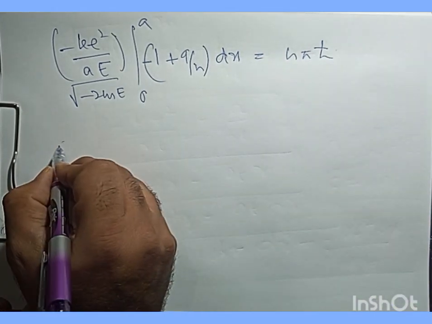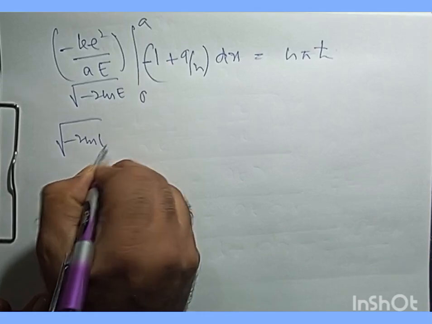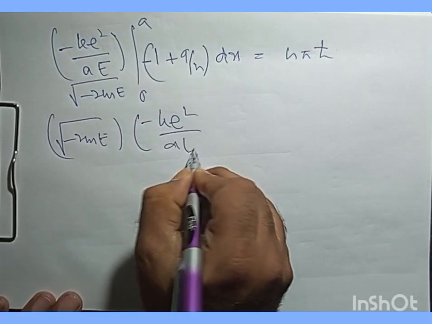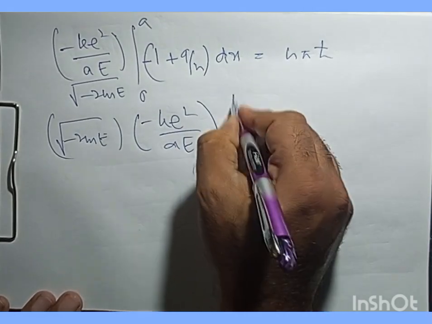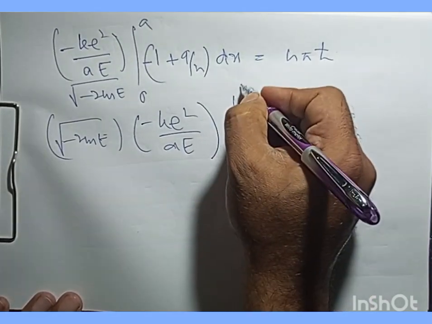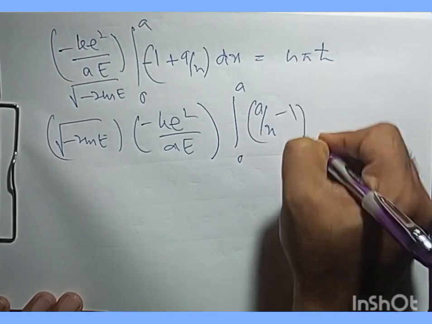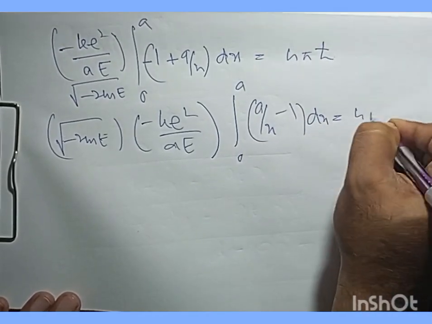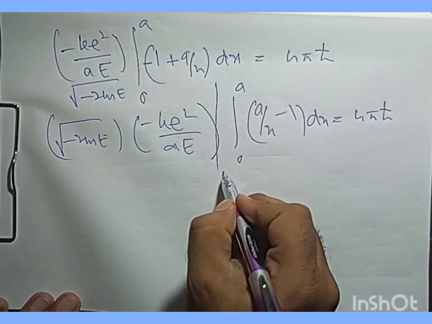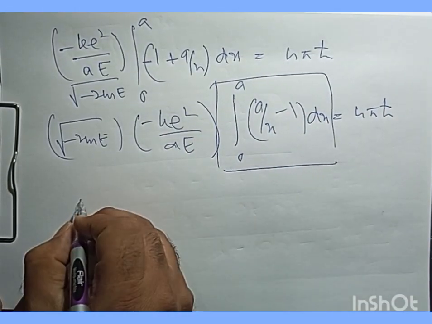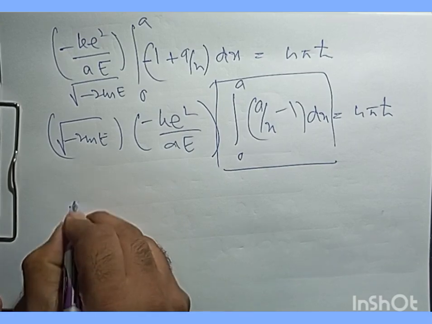And we can write down this as under root of minus 2me, then we have minus ke squared by ae, then we have exactly the integral that I wrote down, 0 to a, this is a by x minus 1, dx is equal to n pi h bar, but the value of this integral is pi a by 2, so we can use that value.